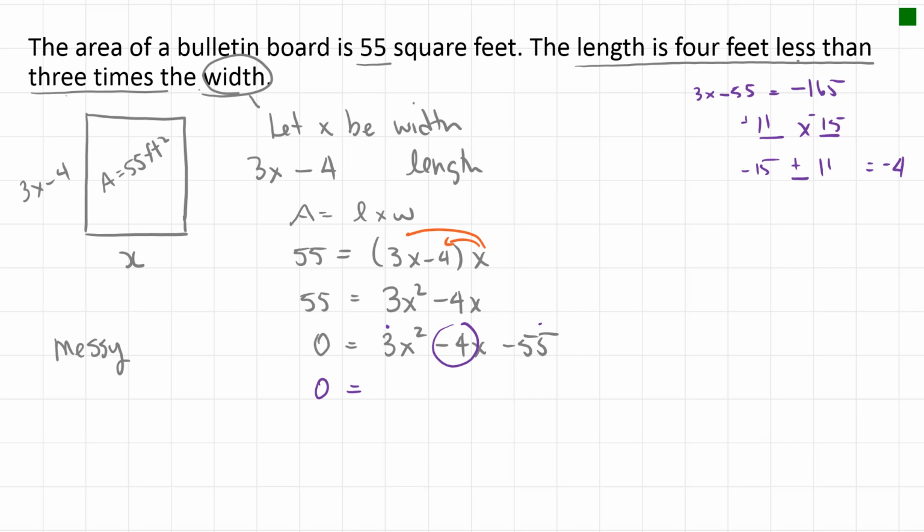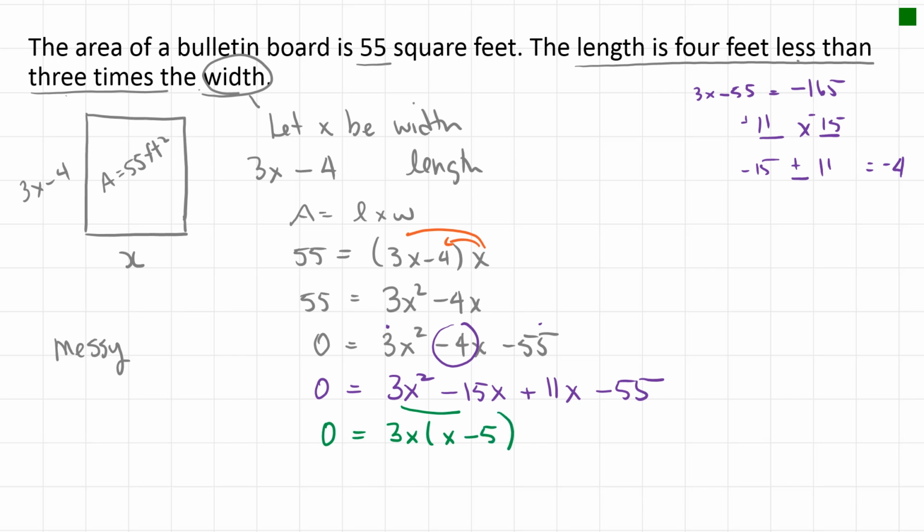So moving on, that means I break up the negative 4x into two terms, the minus 15x plus the 11x minus 55. I'm going to group these now. So the first grouping means I factor out a 3x, and I'm left with x minus 5.